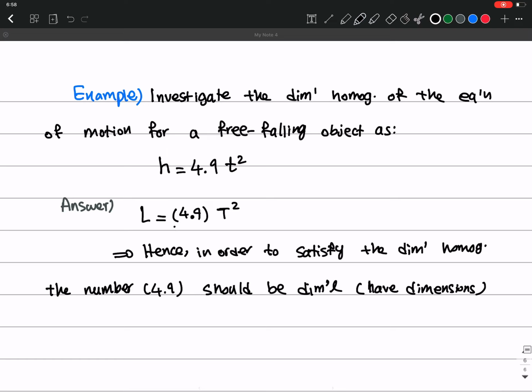So now with this new assumption, let's rewrite the equation. So L is going to be, and how can the left-hand side have the same dimension as the right-hand side? This is only possible if the dimension of this number is L times t to the minus 2, correct?